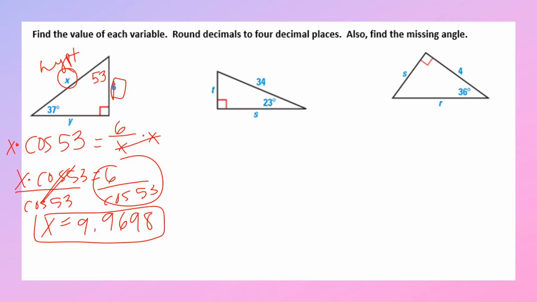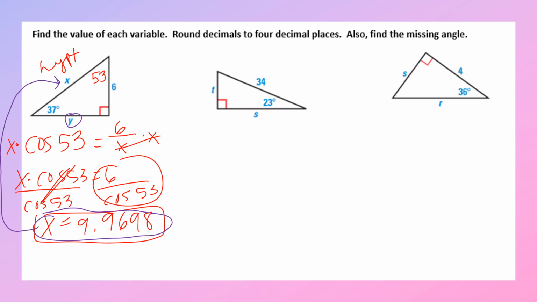Then to get y, so I'm going to erase this here. To get y, here's y. When you are doing these types of problems, you don't want to fill in x here and then try to do sine of 37 or cosine of 53 or sine of 53, because this is not an exact answer.